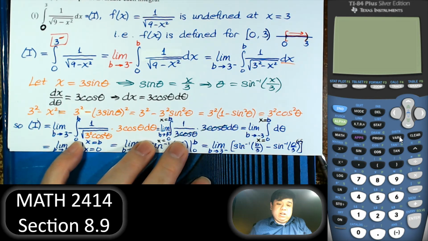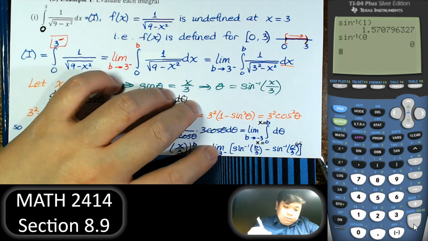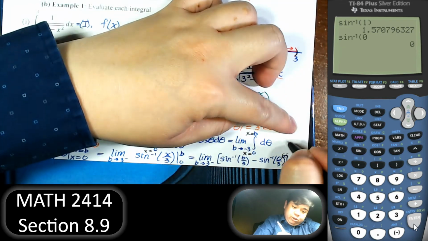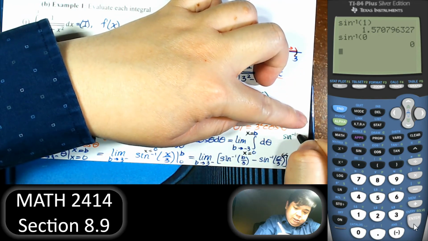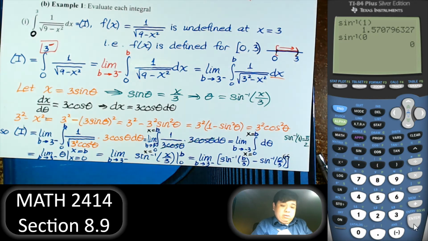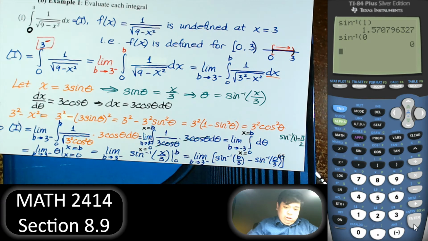So what is sine inverse of 1? Sine inverse of 1 is pi over 2, and sine inverse of 0 is 0. So the answer is just pi over 2.